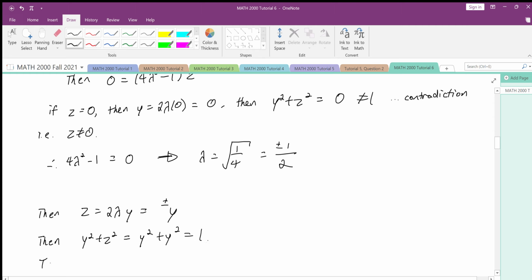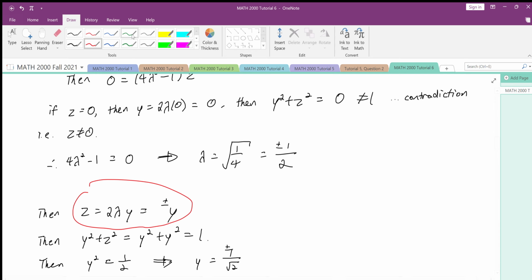So then y squared is 1/2. And if y squared is 1/2, then y is equal to plus minus 1 over root 2. And likewise, z was just plus minus y, right?